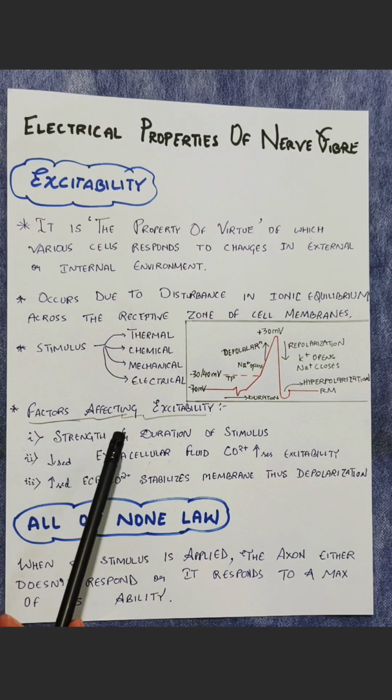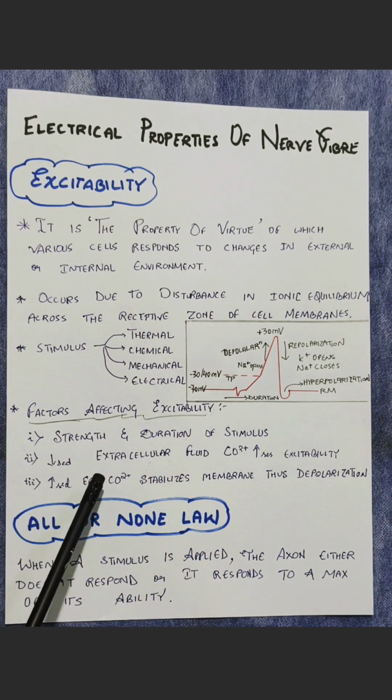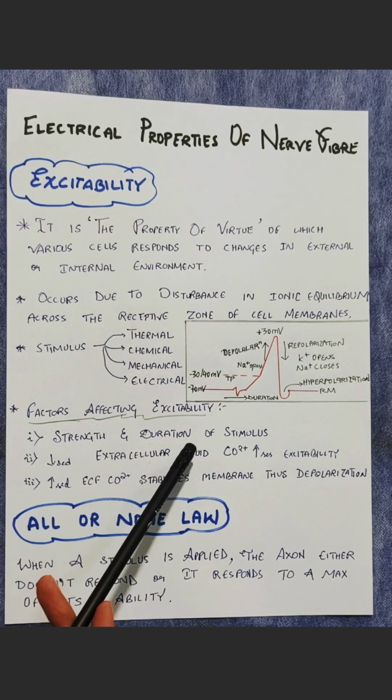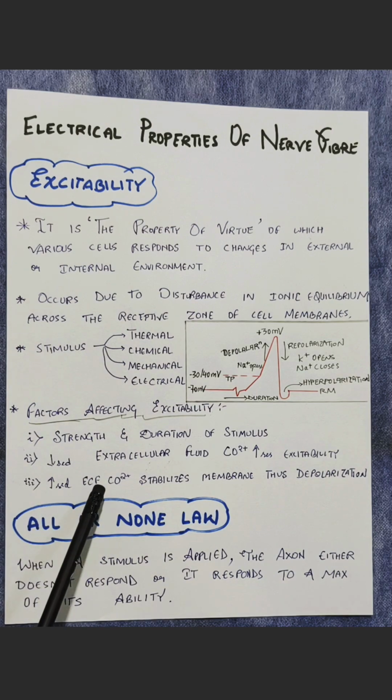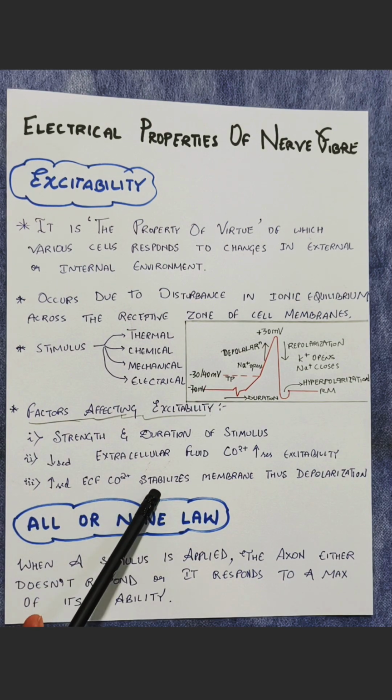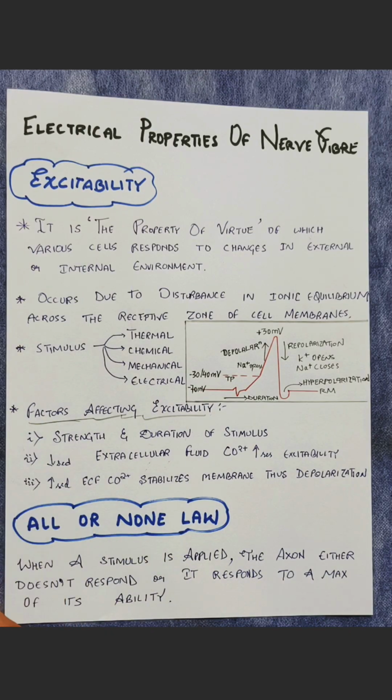So the strength and duration of stimulus, as we can see here, reduced extracellular fluid carbon dioxide increases excitability. Increased extracellular fluid carbon dioxide also stabilizes the membrane, thus leading to depolarization.